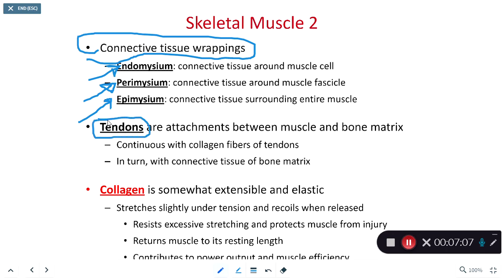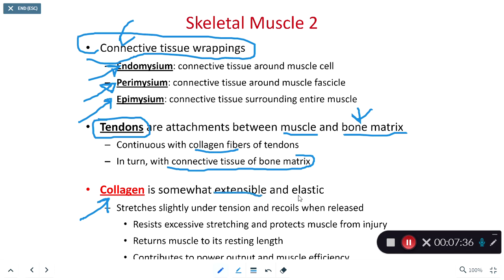Tendons are made of a lot of collagen, and they're going to attach a muscle to a bone. And then the collagen fibers go from the tendon to the bone, and they're then going to embed themselves within the extracellular matrix of the bone. This collagen that makes up the tendons and a lot of these connective tissue wrappings is very tough.